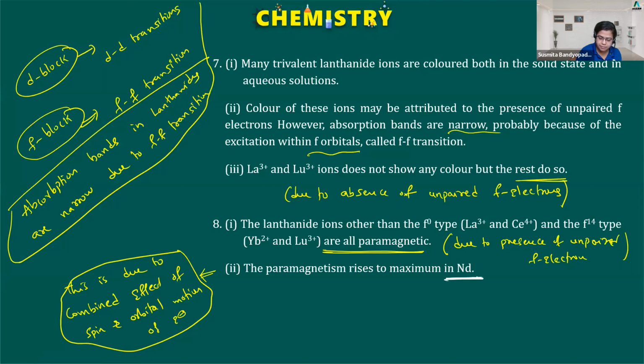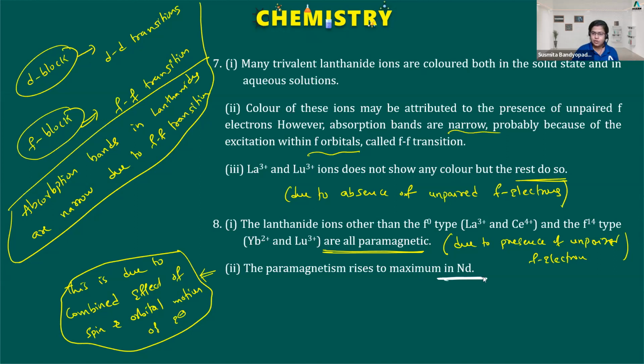Maximum paramagnetism is observed in Nd, as mentioned here or as given in the books also, due to spin as well as orbital motion of the electron. Spin motion: when the electron spins around its own axis, it creates a magnetic moment. When it rotates around the nucleus, a magnetic moment is created.